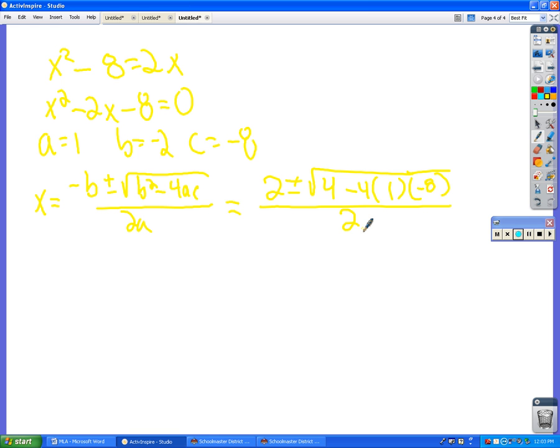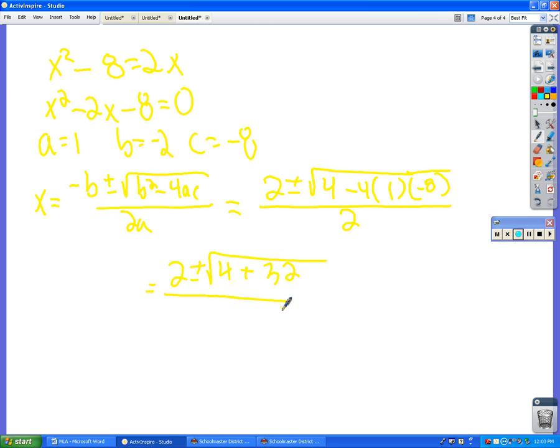Okay, now I'm going to simplify just like I did before. So I'm going to start with simplifying the square root, and order of operations tells me to do the multiplication first. So I leave the 4 alone. Negative 4 times 1 times negative 8 is, first of all, a negative times a negative is a positive. 4 times 1 times 8 is 32.